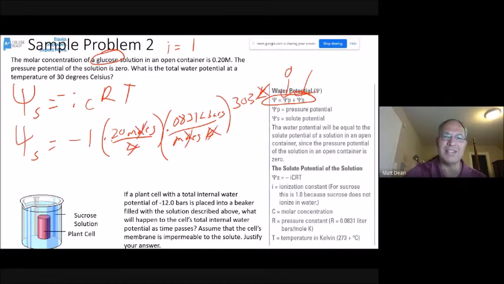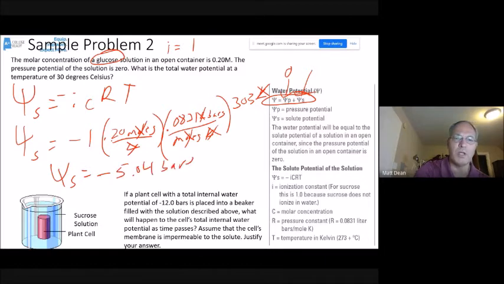Everything cancels out except bars. And then let's do the math. So let's go 303 times 0.0831 times 0.2 times 1. And don't forget that we've got that negative out front. So our water potential comes up to be -5.04 bars. That's the water potential out here in the beaker.